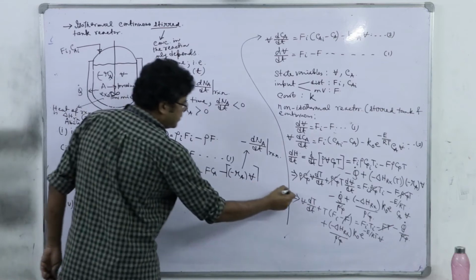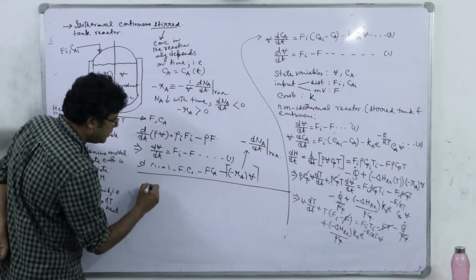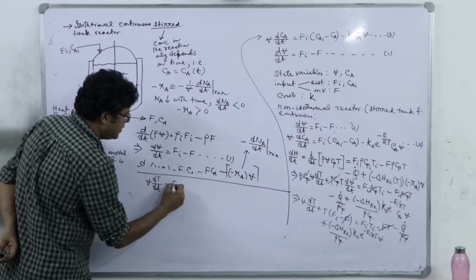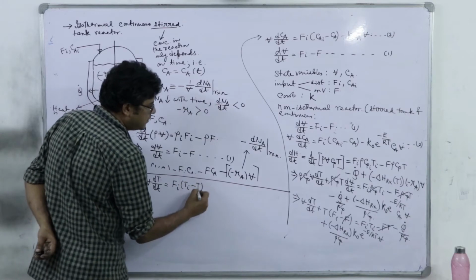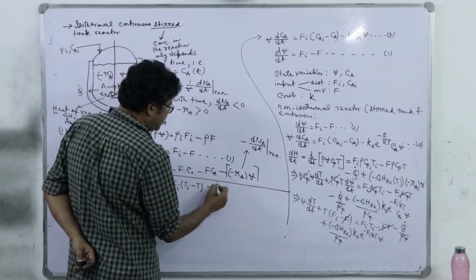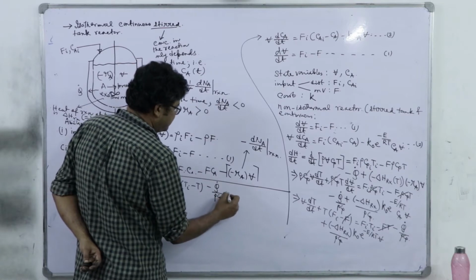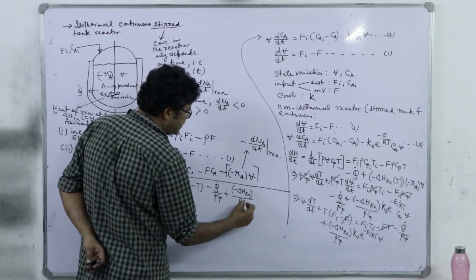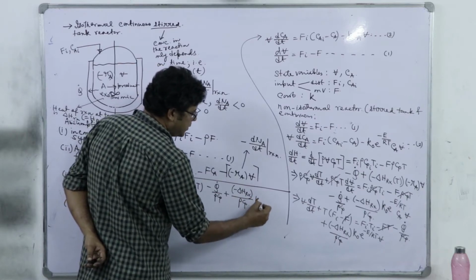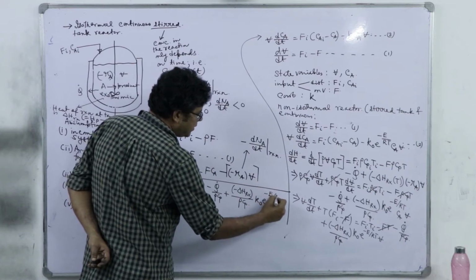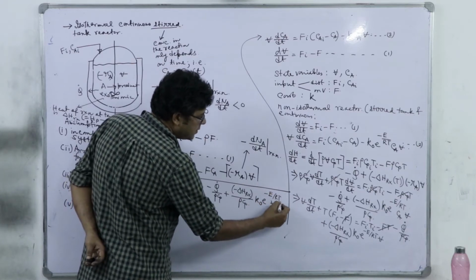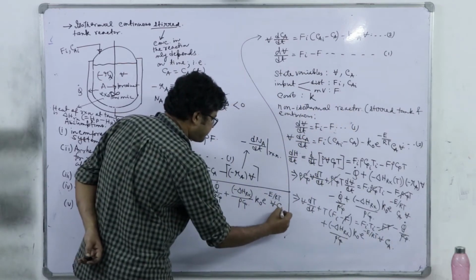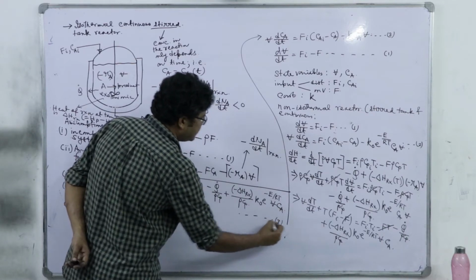So we'll get an equation that V into dT dt equal to Fi into Ti minus T minus Q dot by rho Cp plus minus of delta H Rx divided by rho Cp into K naught into e to the power minus E by RT into V, obviously Ca will also be there. So that's equation 3.